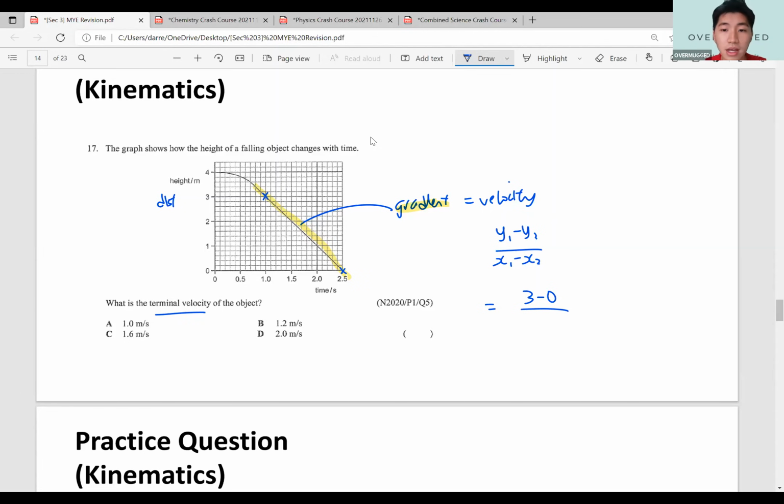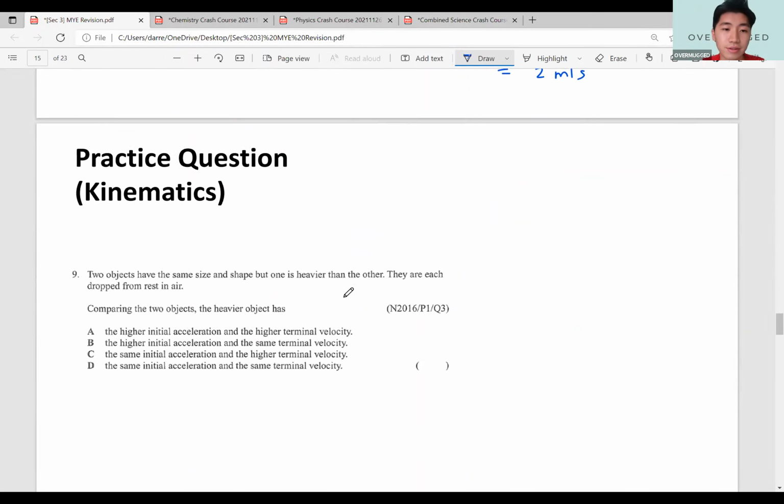So you can simply take 2.5 minus 1, that's 1.5, all right? So at the end of the day, if you take 3 divided by 1.5, you'll get 2 meters per second. So you use the gradient here to find your velocity. The constant part is your terminal velocity part. Okay, that's for question 17. And moving on to our final question.